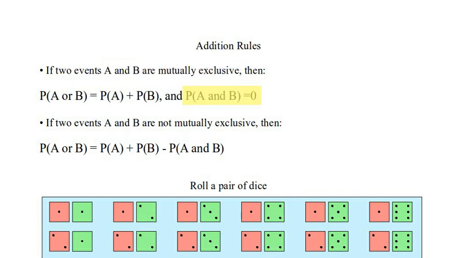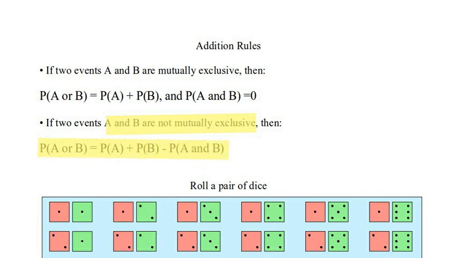The next case is when 2 events are not mutually exclusive. Now notice that that does not guarantee that they happen together. It just means that they can happen together. So in this case, we only get one result, and that is, again, for the probability that those 2 events that are not mutually exclusive happen, one or the other. Well, one of them could happen, or the other one could happen, but we should take away the case where they both happen.